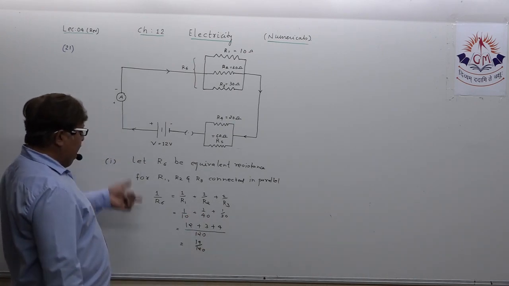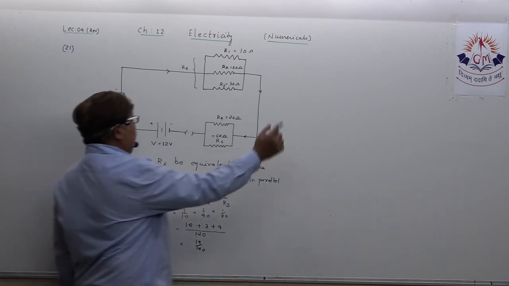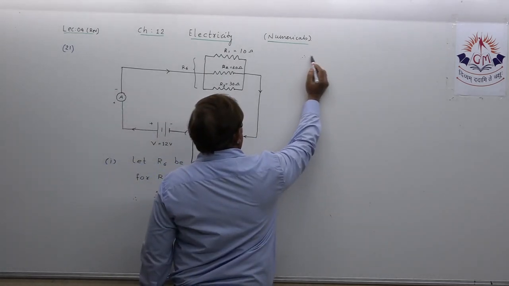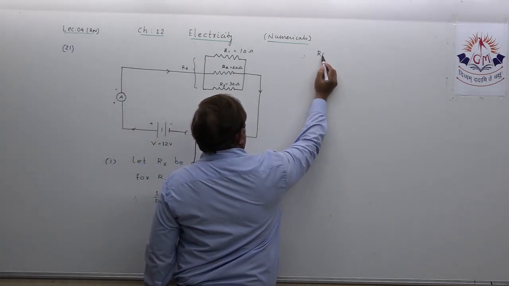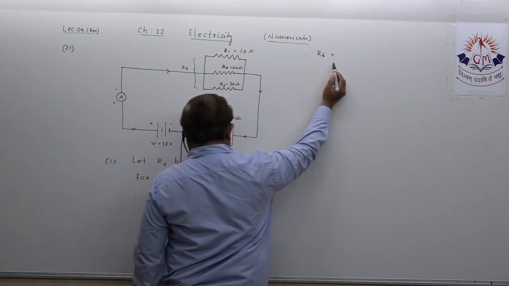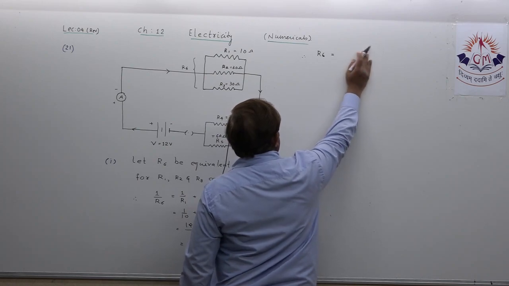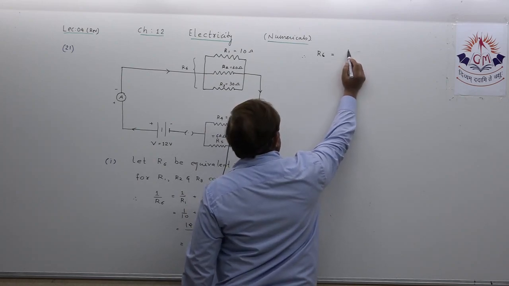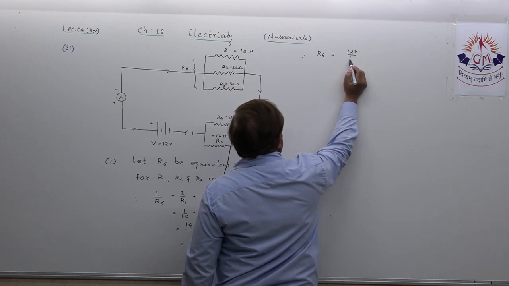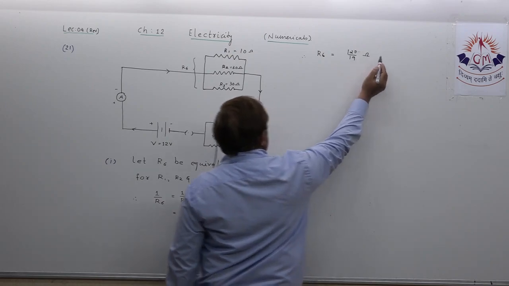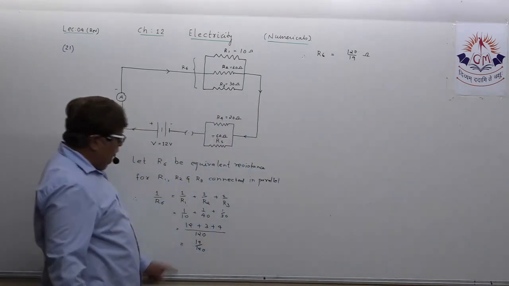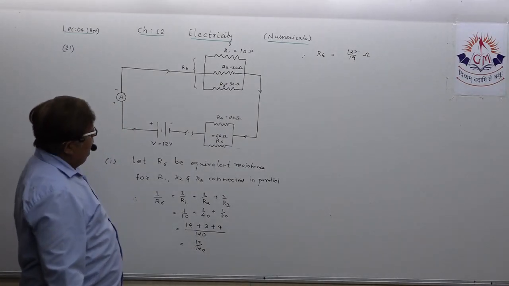That's 1 upon R6. Therefore, R6 will be, sorry, just reciprocalize it, 120 upon 19 ohm. Okay, you all know you need to reciprocalize.